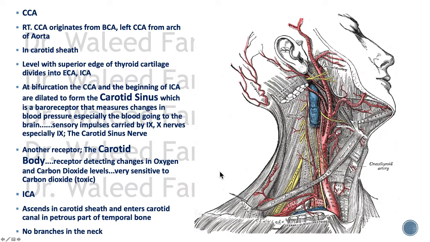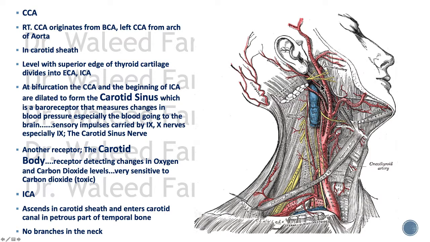The common carotid gives off the external and internal carotid. The internal carotid artery has nothing to do with the neck. It has no branches in the neck. It ascends at the side of the internal jugular vein, wrapped with it in the carotid sheath with the lower four cranial nerves.